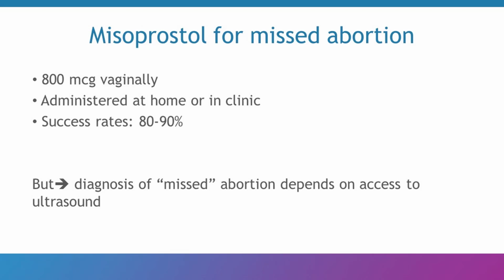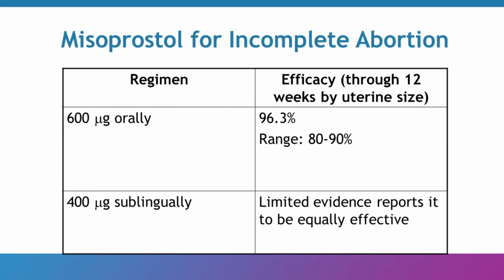So you can give 800 micrograms Misoprostol vaginally, that's 4 tablets, and it has a success rate which goes up to 90%. We can also use it for an incomplete abortion less than 12 weeks. You can use 600 micrograms orally, or 400 micrograms sublingually. So it is as effective as manual vacuum aspiration.